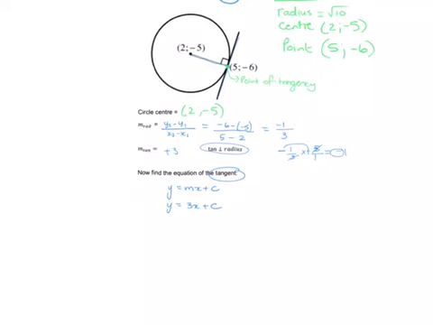The only point that touches the actual tangent is (5; -6). So I'm going to substitute in 5 and -6 in place of x and y. So c is going to equal -21. And so therefore the equation of your tangent is y equals 3x minus 21.